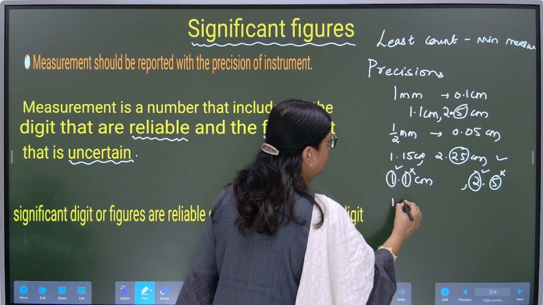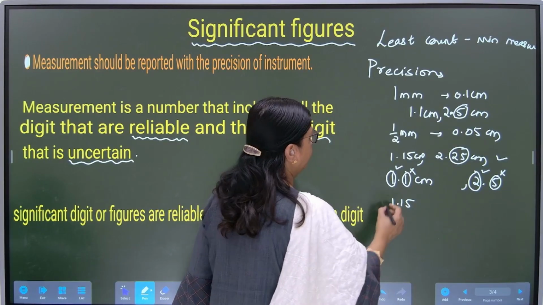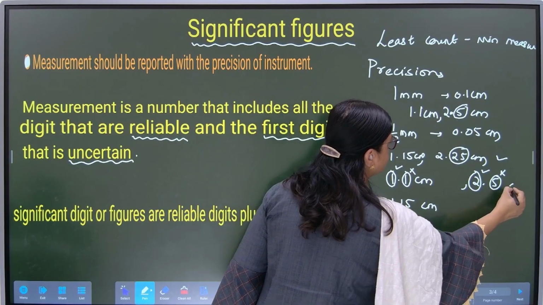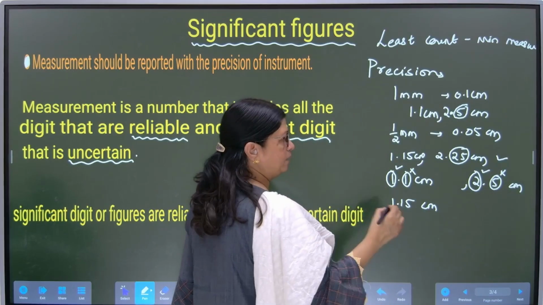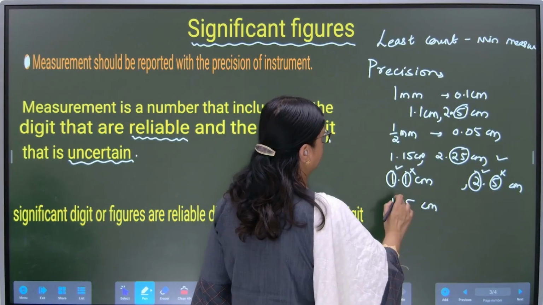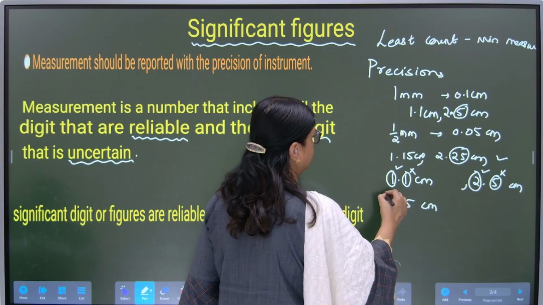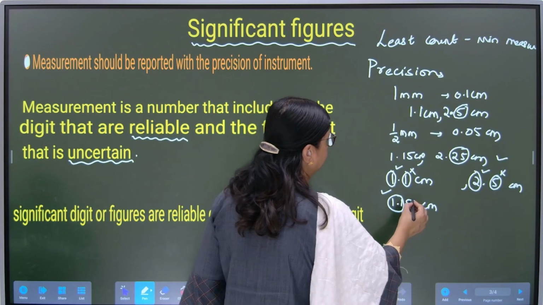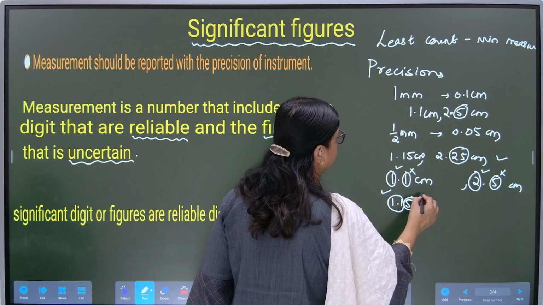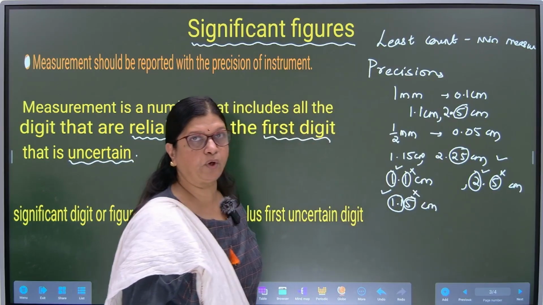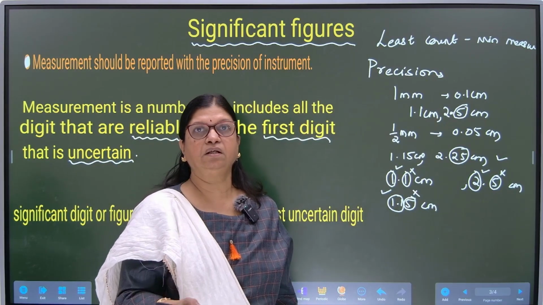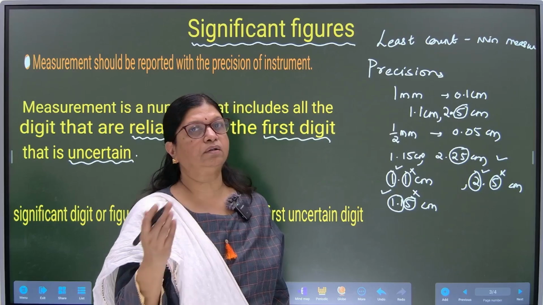In the measurement 1.15 centimeter, here also I write centimeter, any measurement must have the units. Here 1.1, both are definite, so reliable, and 5 is not so sure whether it is 0.6 or whether it is 0.4, not sure.